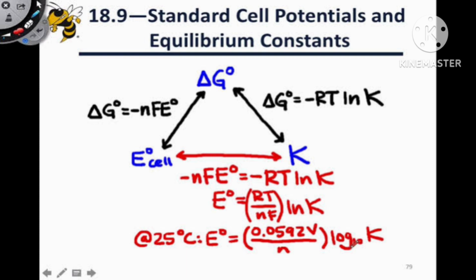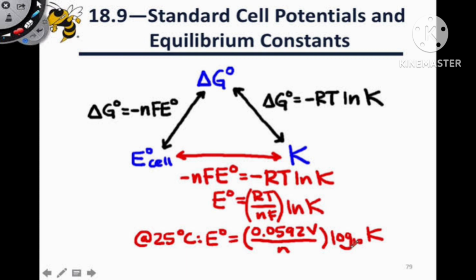If the concentration of all the reacting species is unity, then E cell will become standard E cell, and this will be standard delta G, which you can also write with a small r for the reaction.